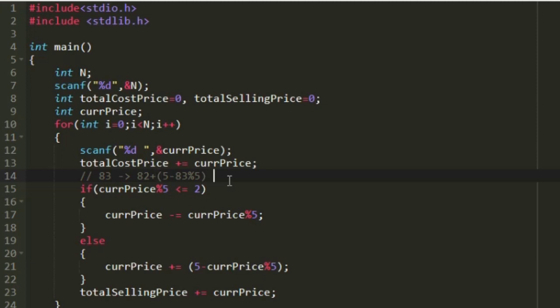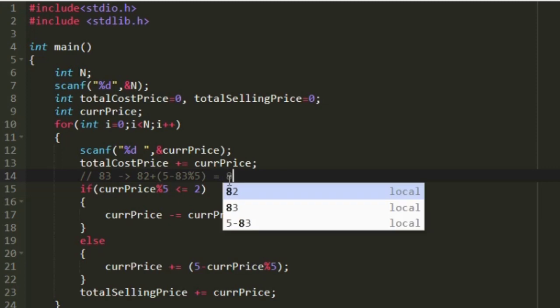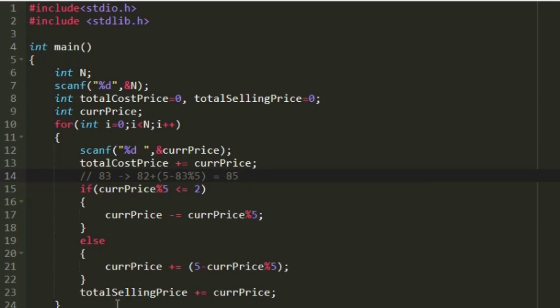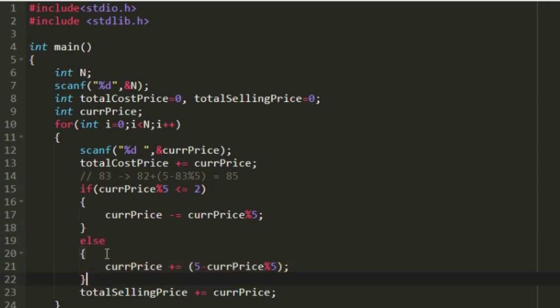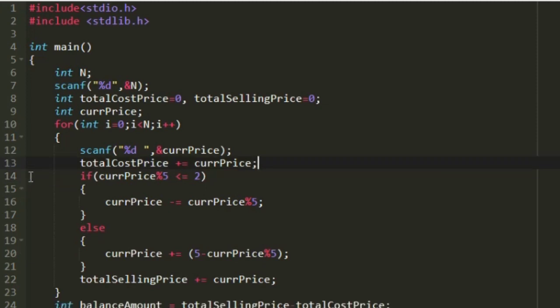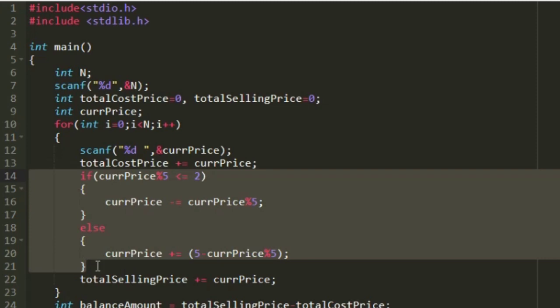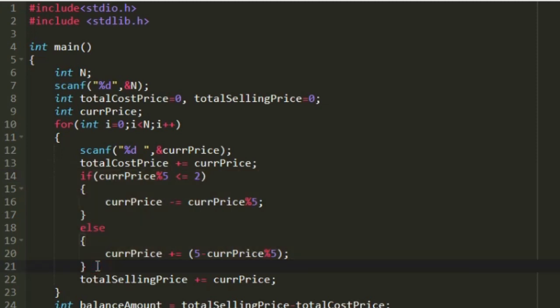So in the else part, we are setting current price += 5 - current price mod 5. This is the same as what we have seen: 83 + 5 - 83 mod 5 is equal to 85. So after the if else condition, the value stored in the variable current price is now the selling price of the item.